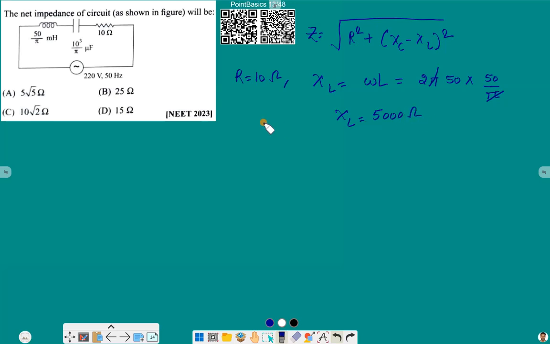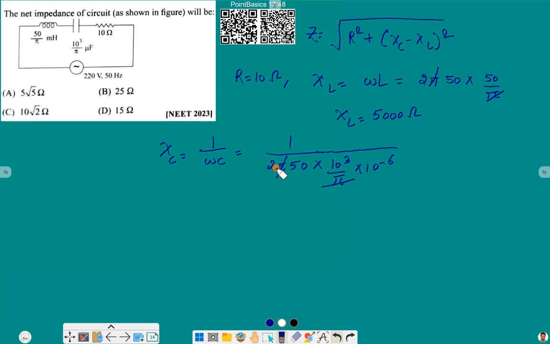Now XC will be 1 by omega C. So again 2 pi into 50, and C is 10 raised to power 3 by pi microfarad, 10 raised to power minus 6.